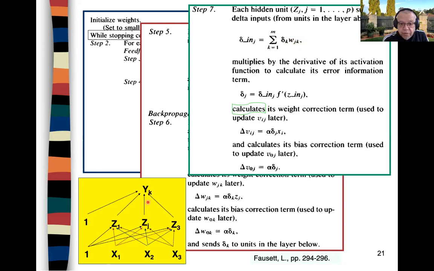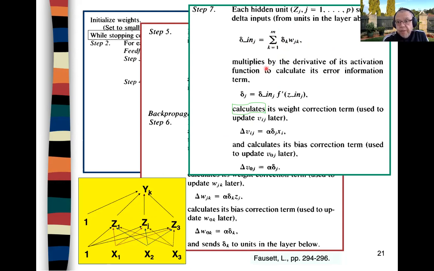So you take this weight here that we had before, initialized, and then we multiply by the delta K. It's just like, because we're back propagating.